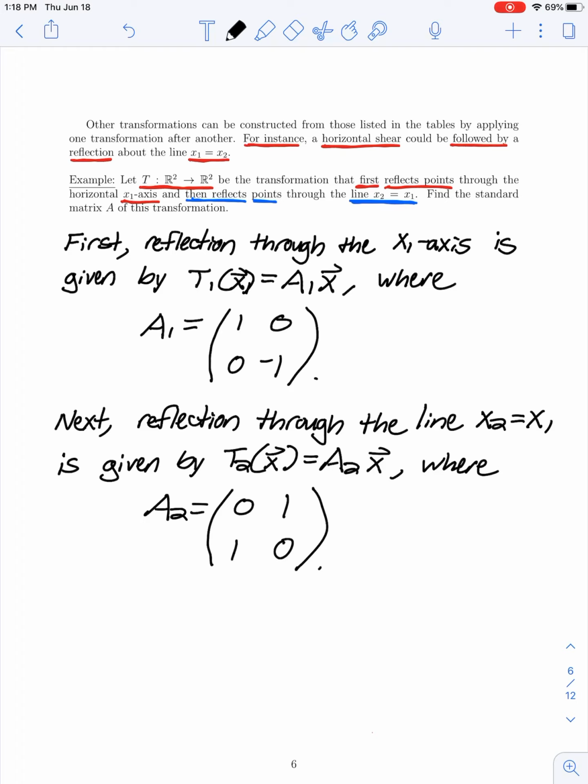So if I want to accomplish both of these transformations in a single step, I would be looking at the composition of these two transformations, T1 and T2. So let's consider the following.